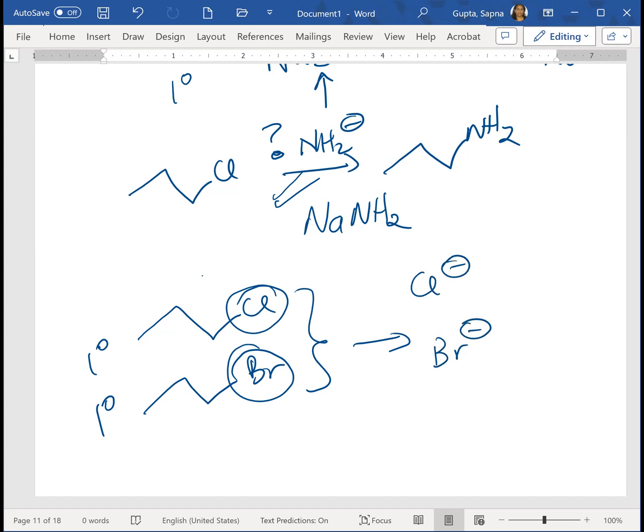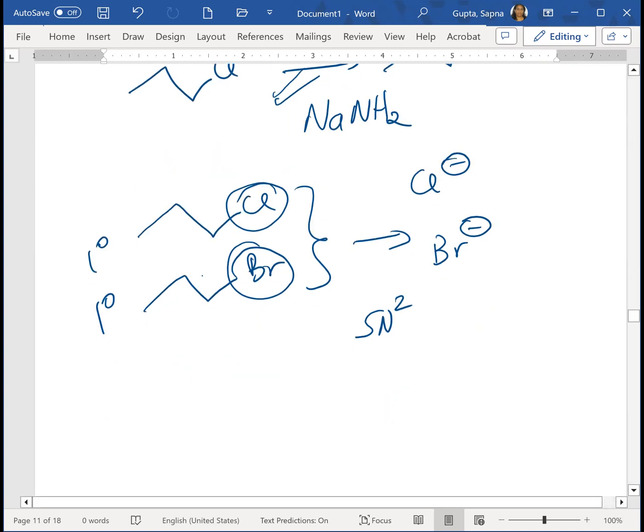So both of them are primary halides, which means we are dealing with something that could be SN2. So then in SN2, you need to have a good leaving group. I mean, you have to have a good leaving group regardless of whether you have SN1 or SN2. That doesn't matter. Now, which one is a better leaving group, Cl minus or Br minus?